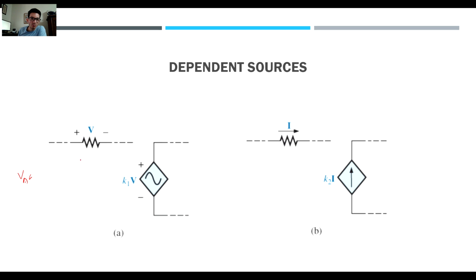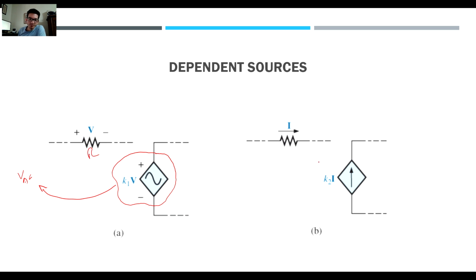So another way to express dependent sources is a voltage with a constant, could be less than 1, for instance, so a percentage. This is going to be a percentage of the original independent source. But this one is going to be a dependent source because it depends on the value of the resistor.